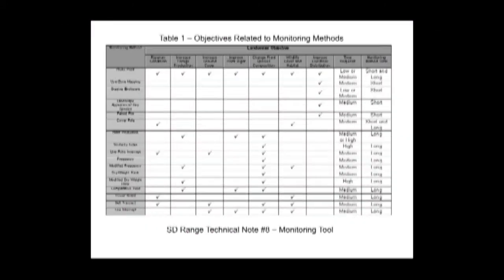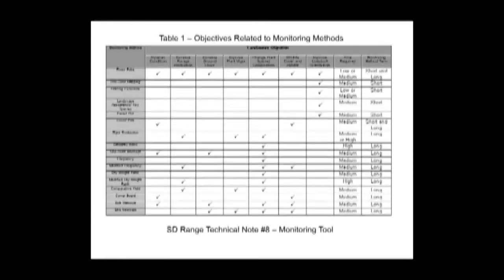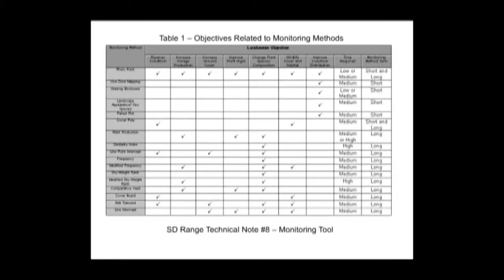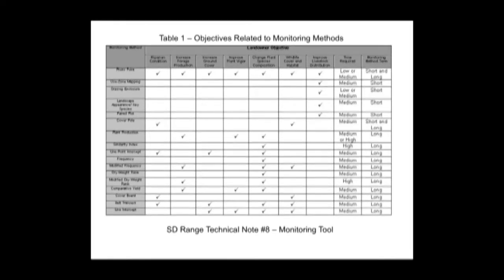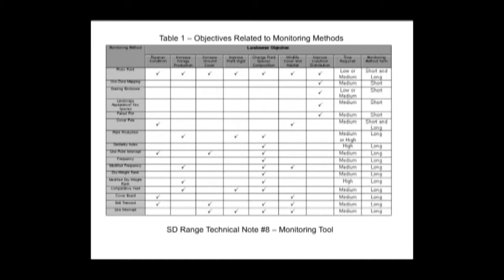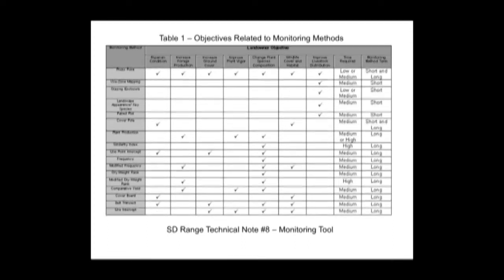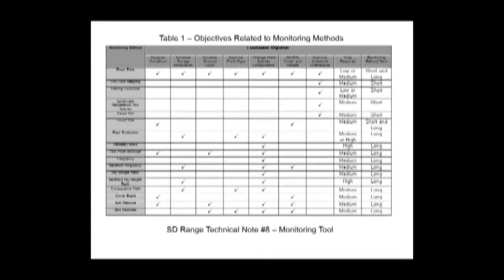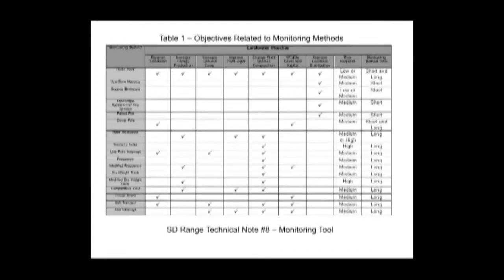So what this table does is it takes management objectives, some of the more common management objectives that you might have on your place, and it shows for each one of these management objectives which monitoring methods correspond or can give you information about that management objective. And so by doing this, you can set up basically a monitoring objective. What am I going to monitor, how often, and set up a plan that way.